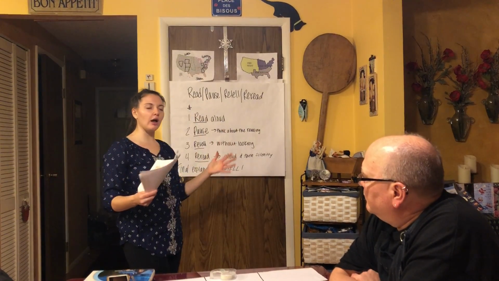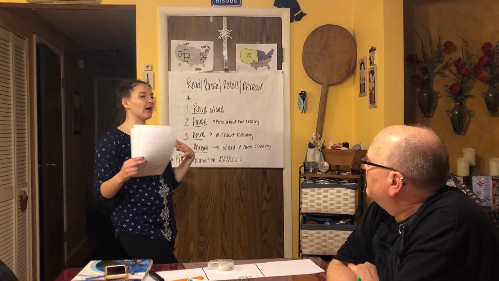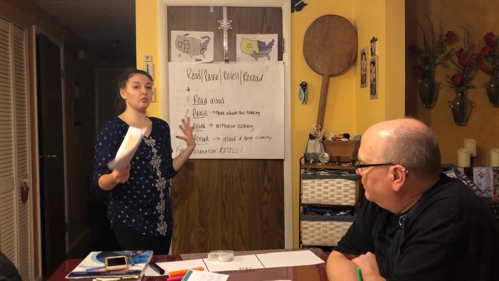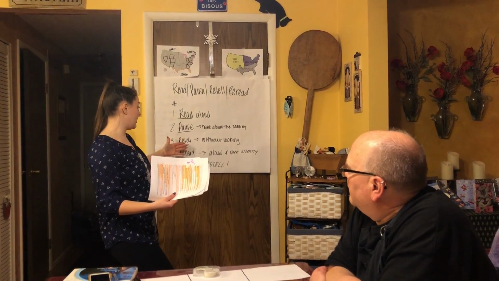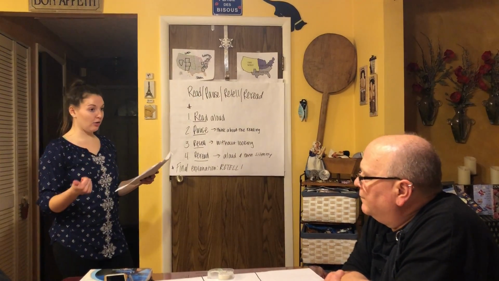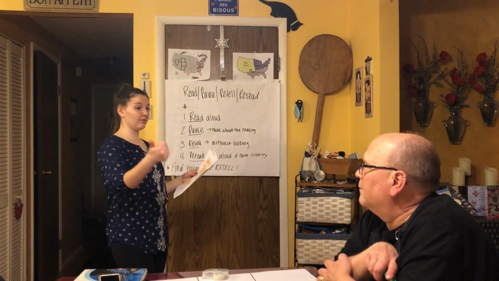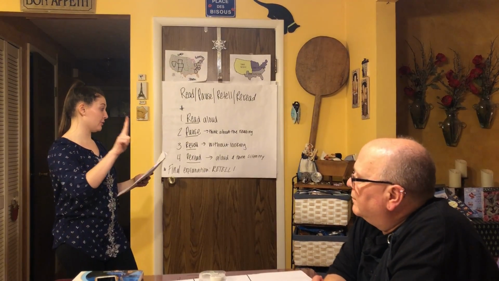Then you really thought about the reading. Did I understand it? Should I read it again? And then you told me what you remembered based on the reading. Retold it to me. And then you read it again aloud. So you first read it aloud, then you read it aloud again, and then you read it silently. So three times rereading it.